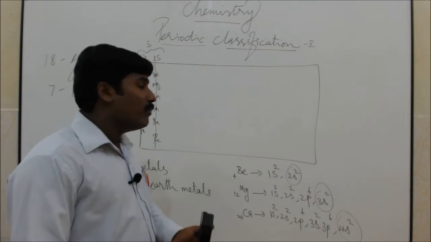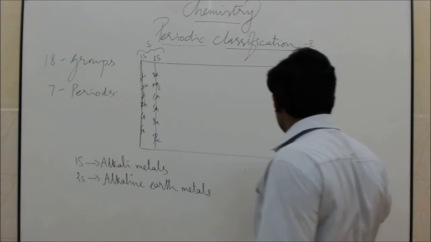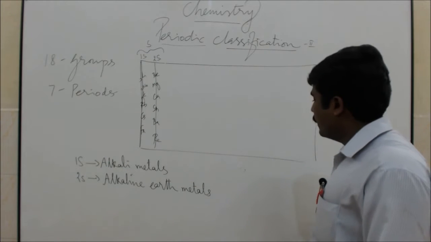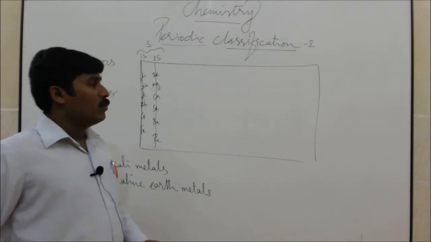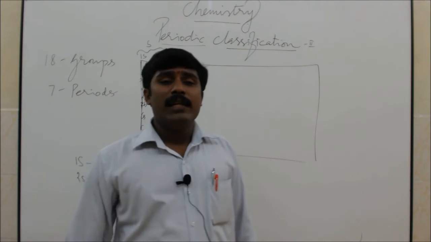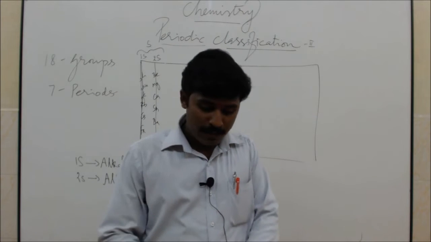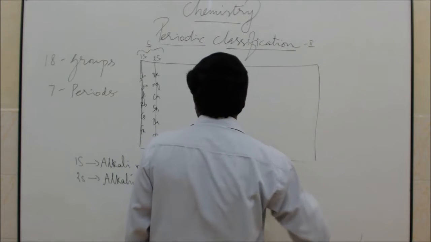So what is the another name of 1s block element? Alkali metal. Another name of 2s block element is alkaline earth metal. Alkaline earth metals. Okay. Now s block elements are over. Where are the p block elements in the periodic table? P block elements are on the right hand side of the periodic table.